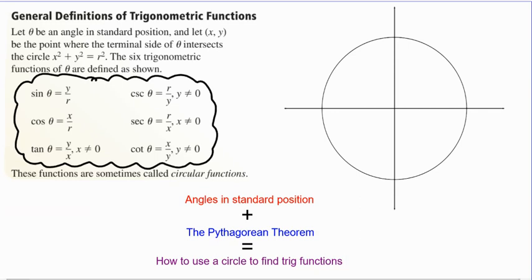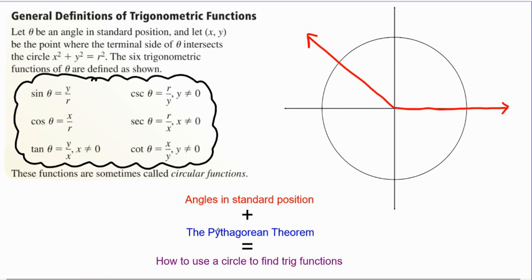So for example, if I have an angle with its initial side on the positive x-axis, that's going to put it in standard position. Okay, and maybe I want to draw the terminal side in that location right there.